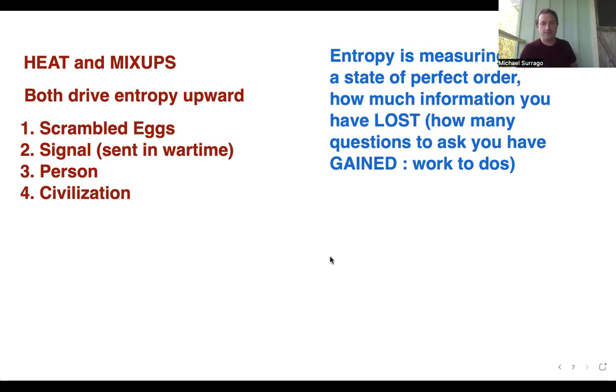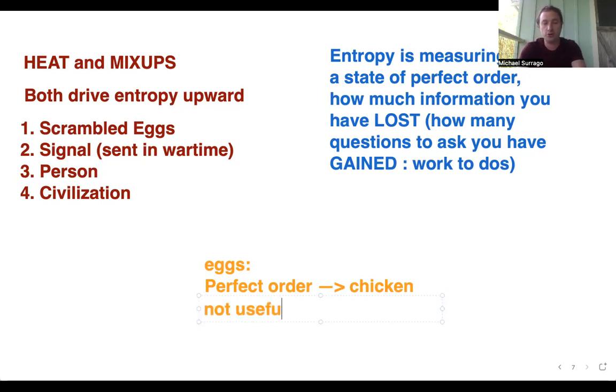So let's look at the basic example of scrambled eggs. In the case of eggs, the state of perfect order is going to produce a chicken, right? So that's its entelechy, if you will, it's going to become a chicken. But this is not useful to us as humans, mostly due to salmonella.